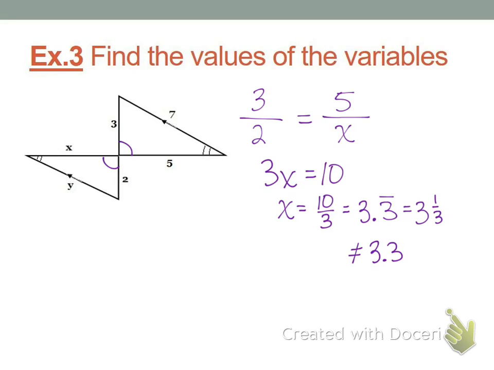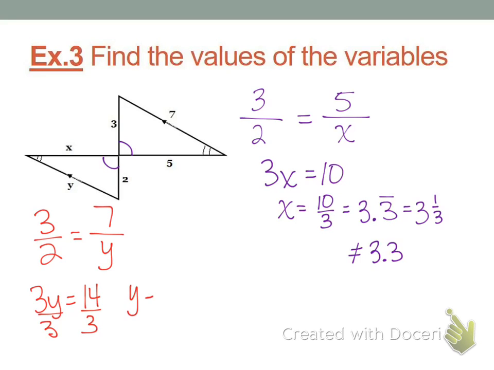Still got to find y. We can, again, still use the 3 over 2. This time, what would our other ratio be? 7 over y. Again, not the only correct way to set it up, but it's a good one. 3y equals 14. So y is equal to 14 thirds.